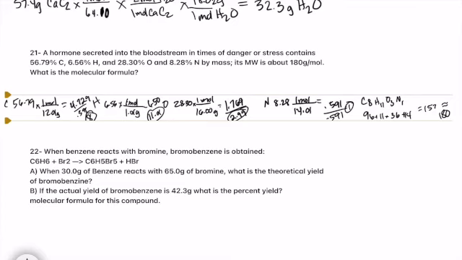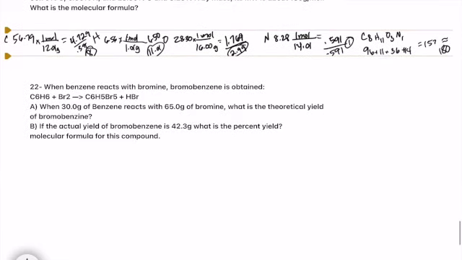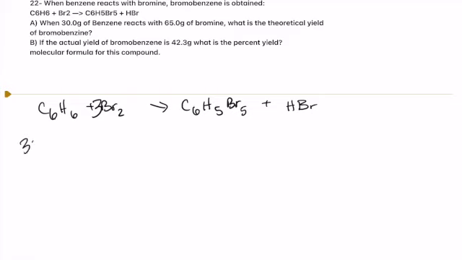But it still gives me a rough estimate of approximately 1. And so my empirical formula is going to be the same as my molecular formula, C8H11O3N. And so that takes us to 22.